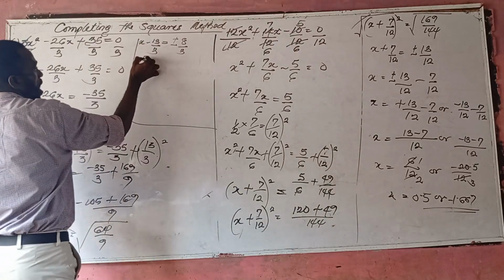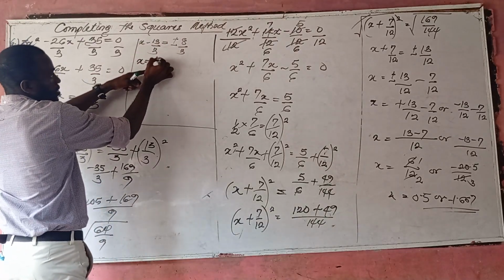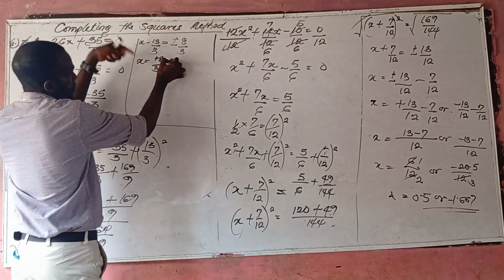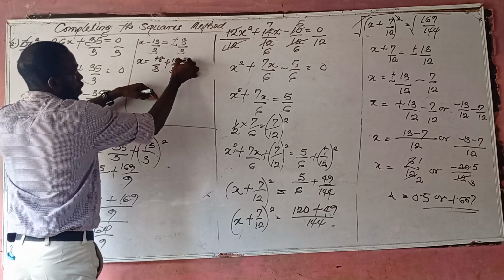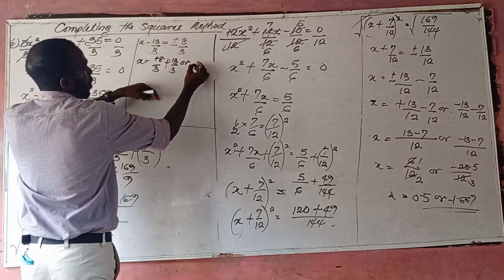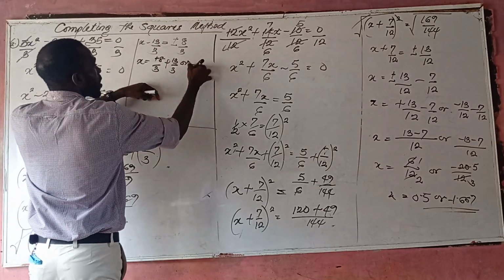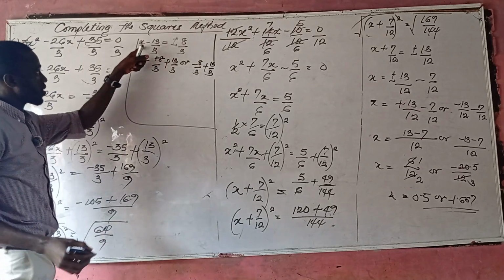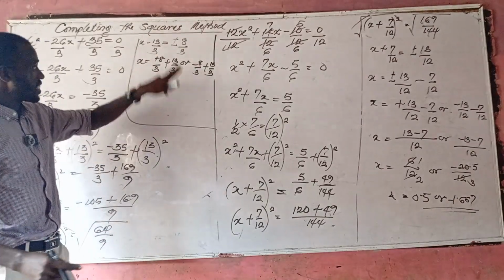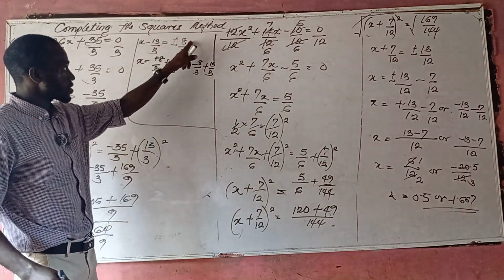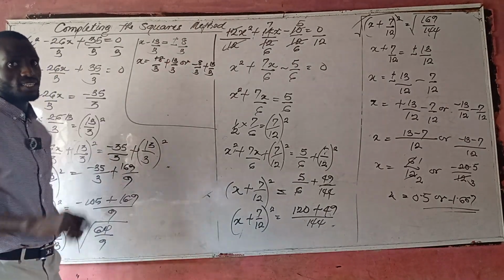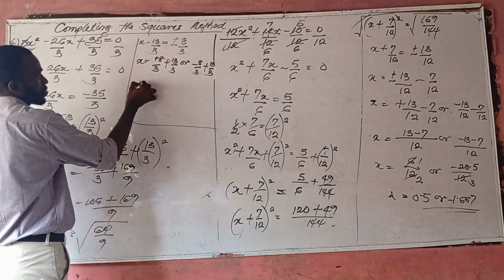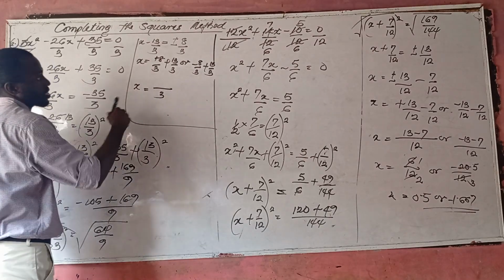So we have x will be equal to plus 8 over 3 plus 13 over 3, or minus 8 over 3 plus 13 over 3. Do you understand? It's only this one that is changing. Is that plus this or minus this? Make sense? All right. So from here, LCM 3.